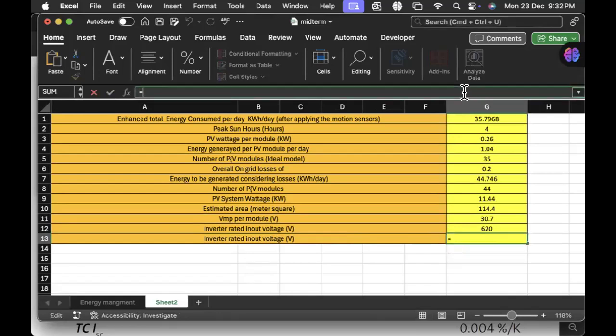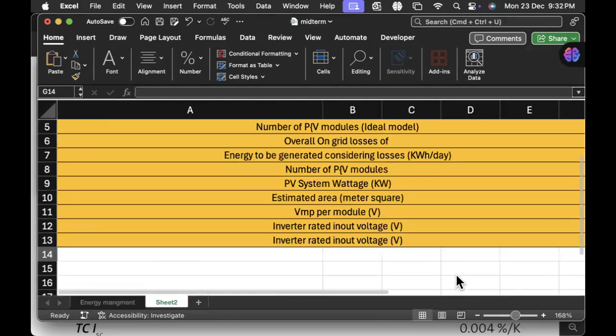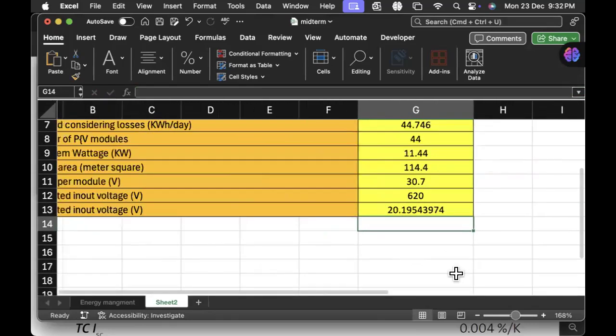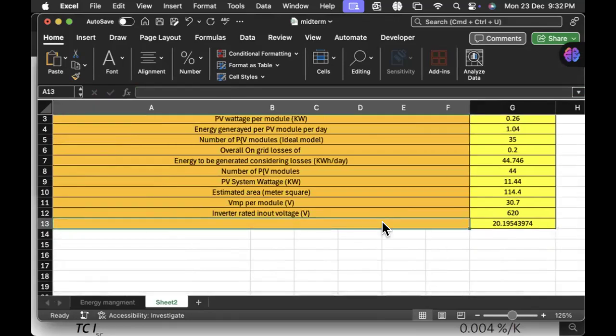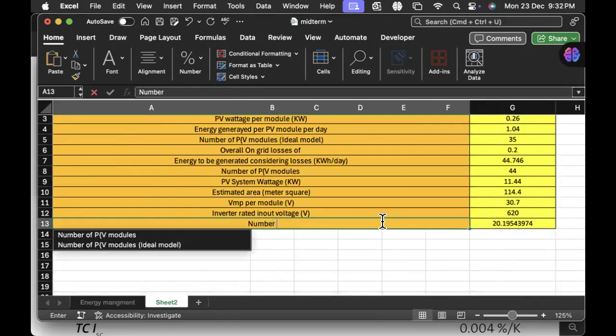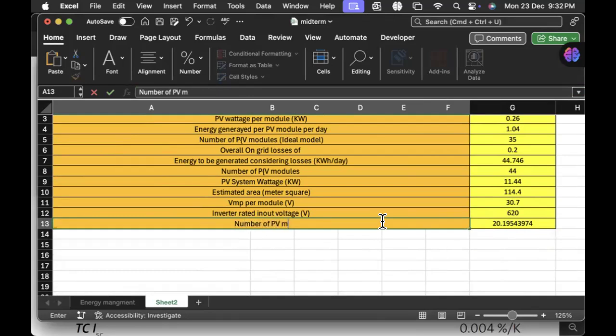So simply when I divide this 620 over this 30.7, it ends up with about 20 point something. This number represents the number of PV modules per string.